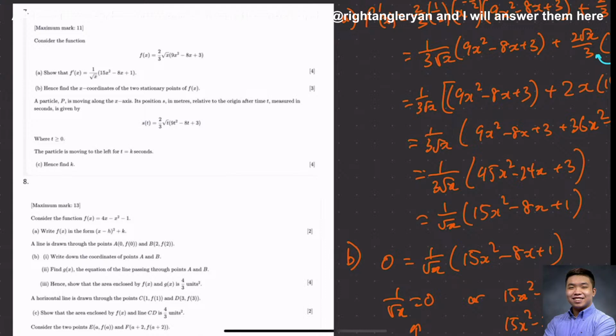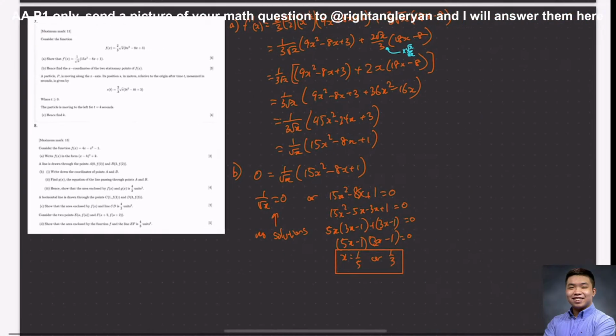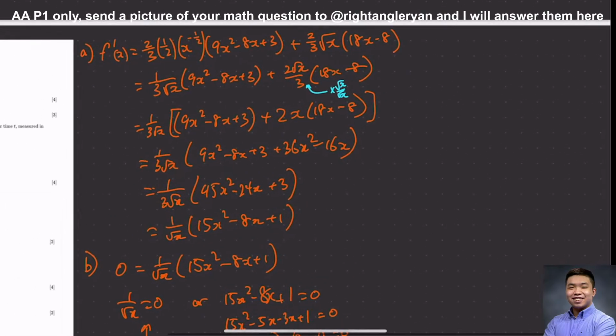So if it is moving to the left, that means its velocity is negative.